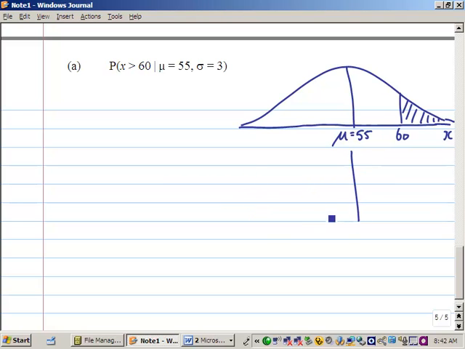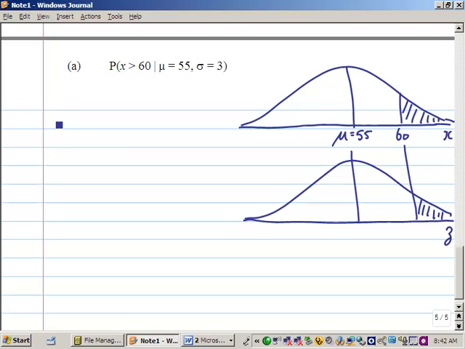We're going to translate that to the z distribution and find the limit corresponding to 60, so that the probability on the z is equal to the probability on the x. So the z transformation, x minus mu on sigma. The x is the limit, 60 minus 55 divided by 3, and that looks like 1 2/3, or 1.67.